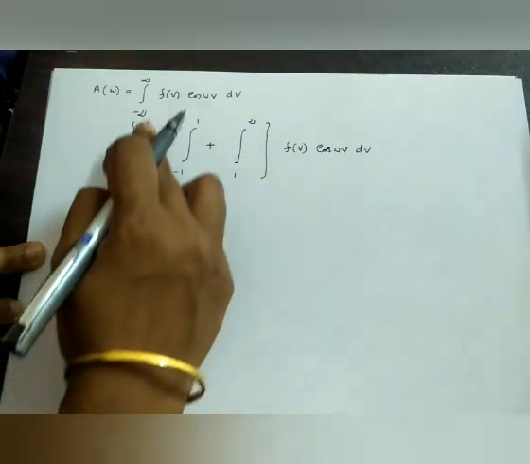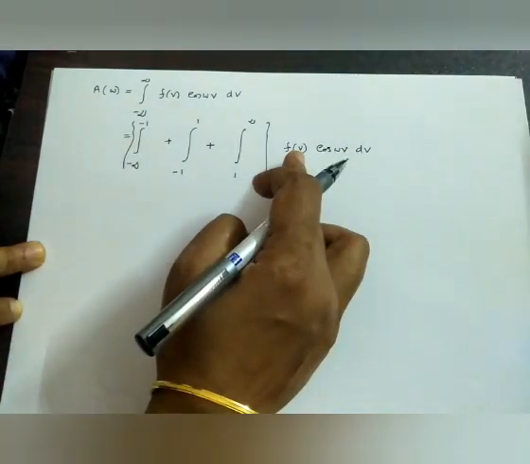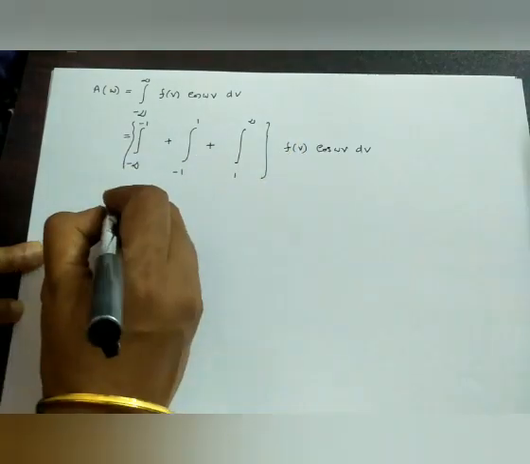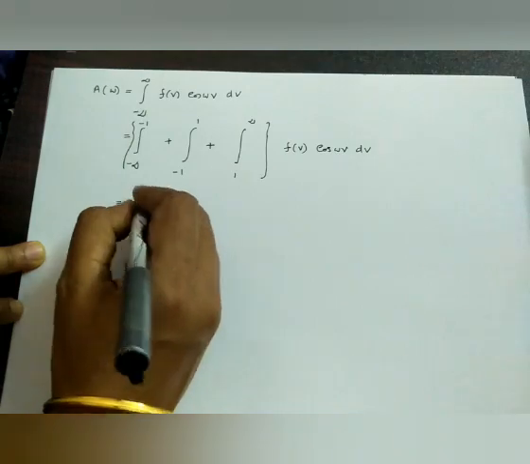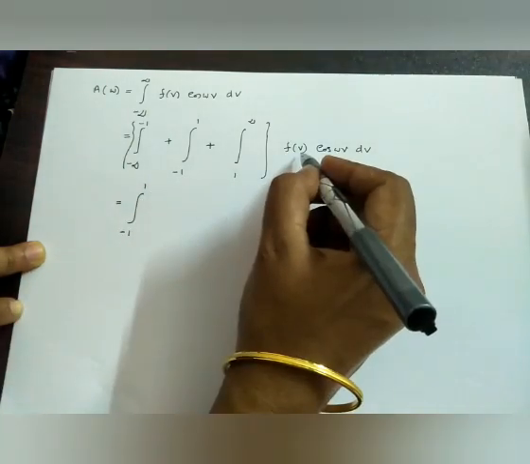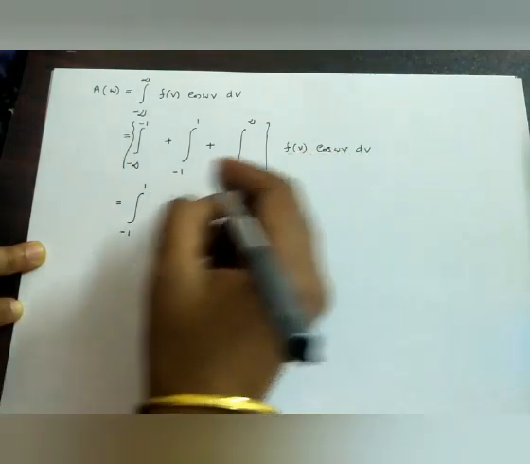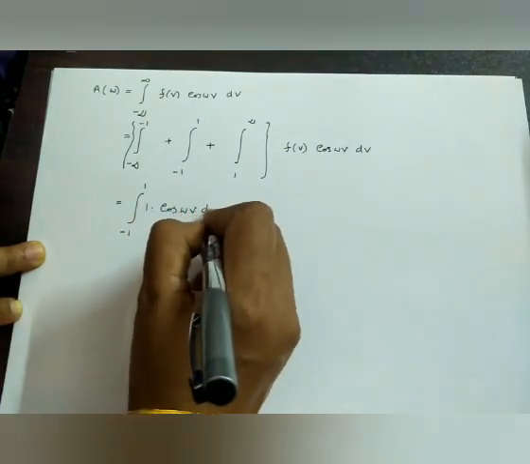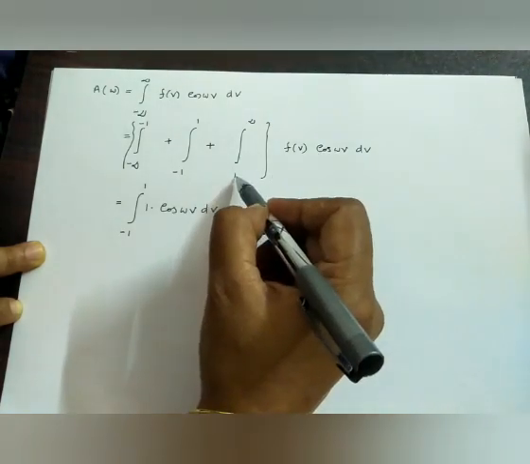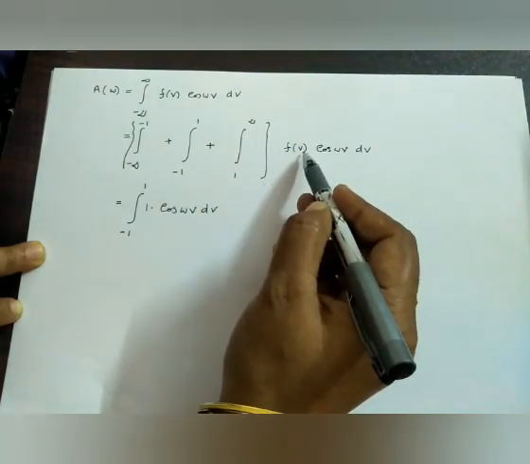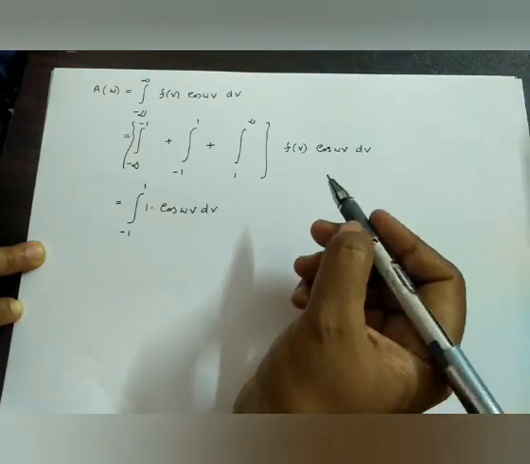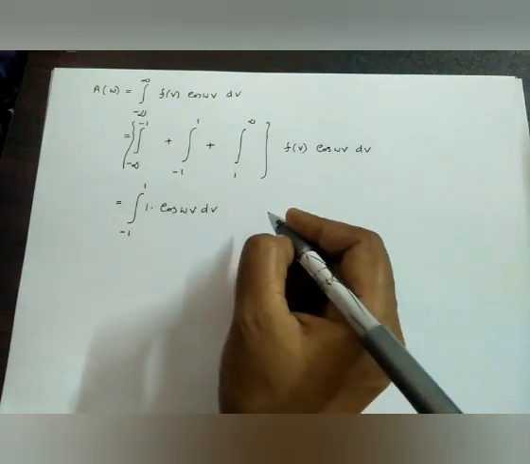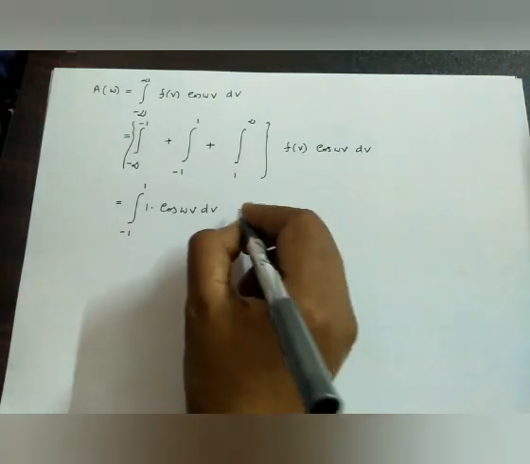From minus infinity to minus 1 the value of f of x is 0, therefore f of v is also 0, and from minus 1 to 1 f of v is equal to 1, therefore 1 into cos omega v dv. For the third term from 1 to infinity, f of v is 0, therefore only one integral exists, that is minus 1 to 1 of cos omega v dv.